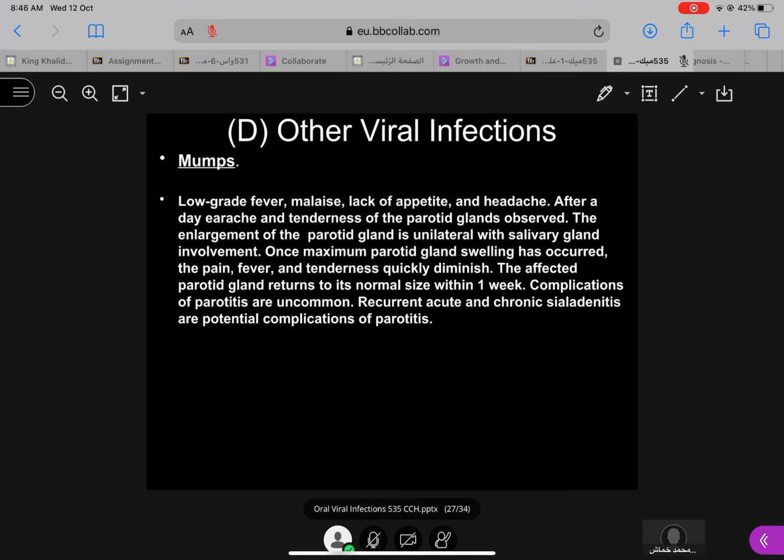It goes away by itself, but sometimes we have to give medication for symptoms combined with this virus, not because of the virus infection itself. Complications of parotitis are uncommon. Recurrent acute and chronic sialadenitis are potential complications of parotitis.